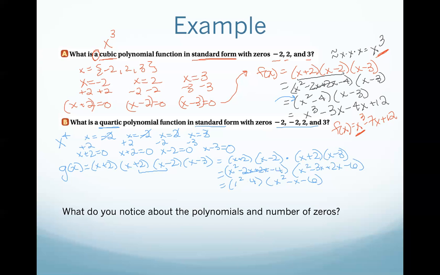x squared gets multiplied to each of these. And the -4 also gets multiplied to each of these.